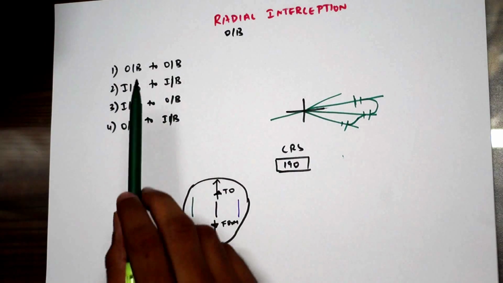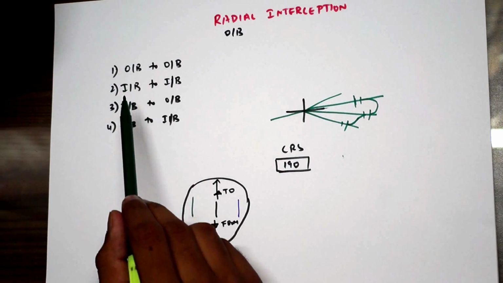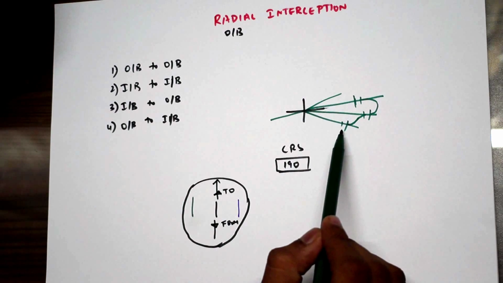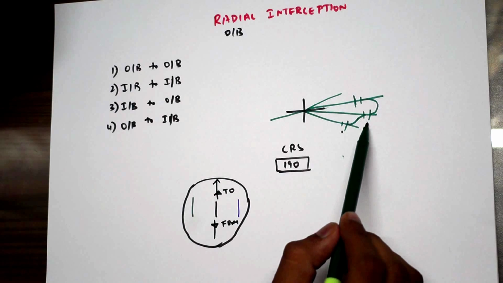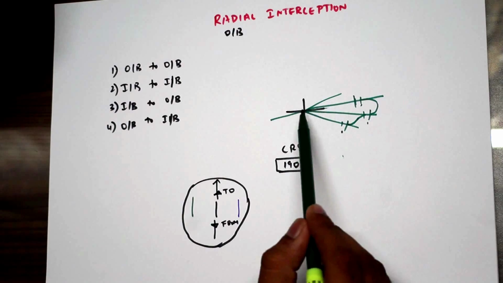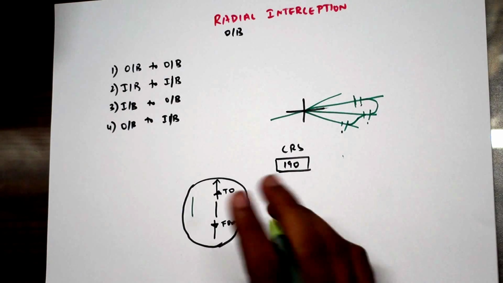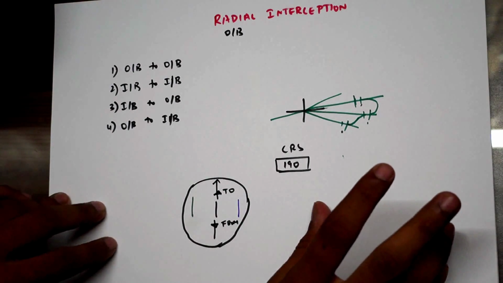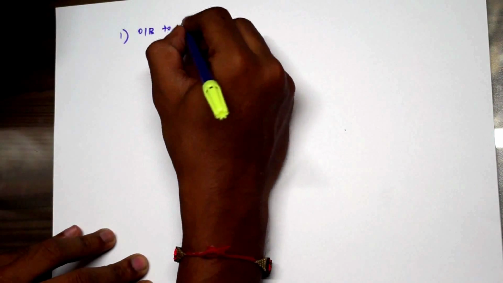Now the terms outbound and inbound are simple to understand. Outbound means you're going away from the station. This one is an outbound aircraft, this one is also an outbound aircraft. This is an inbound aircraft: the one that is coming in to the station is the inbound aircraft. First, we'll discuss outbound to outbound.